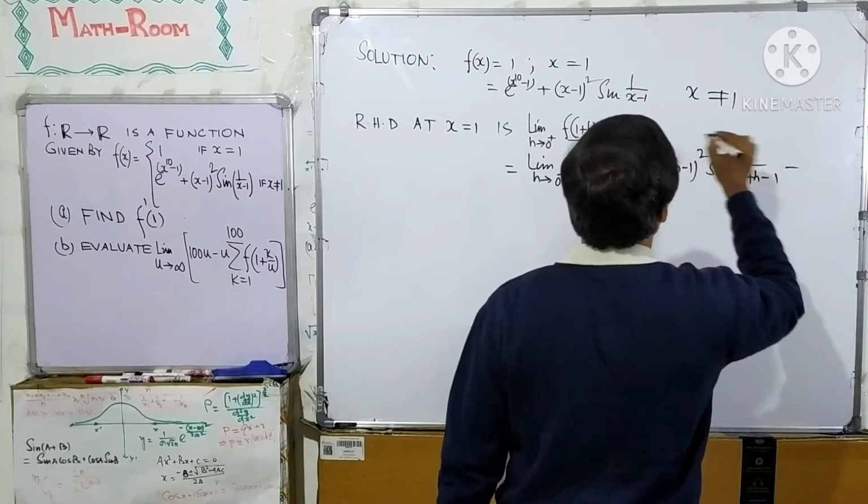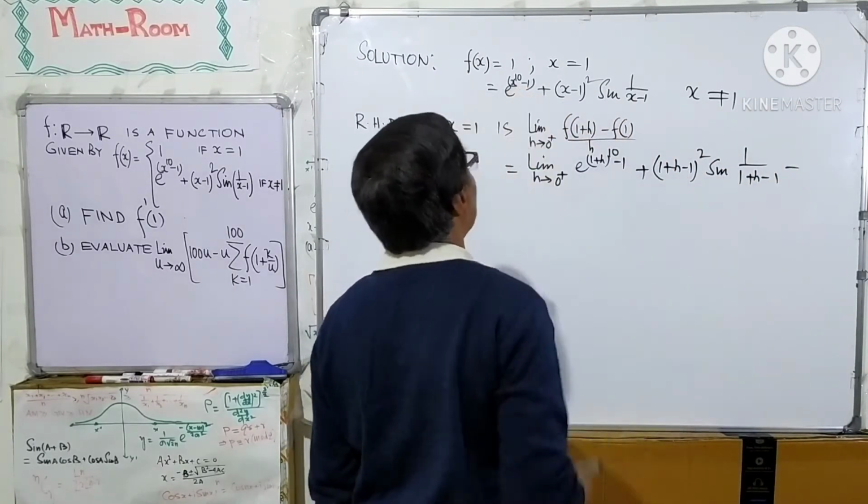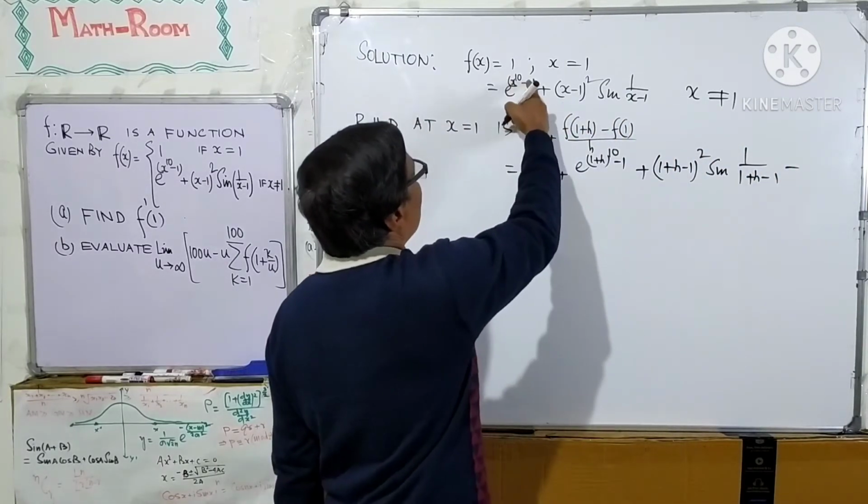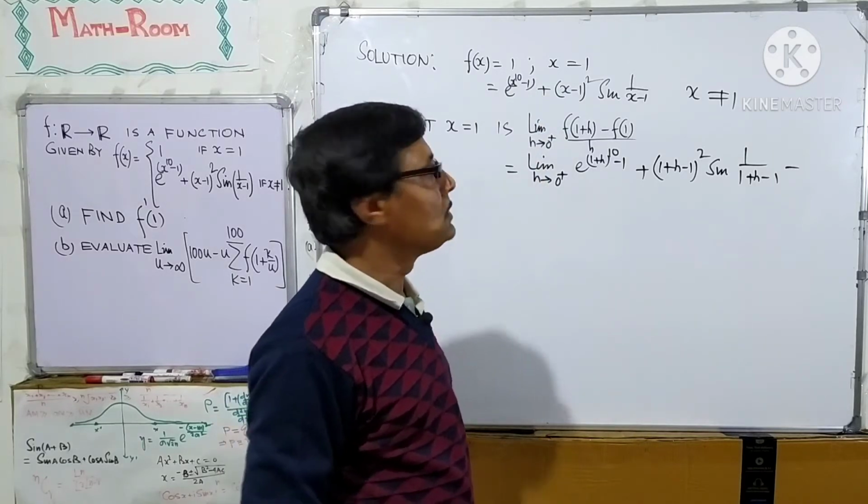Also f(1) = e^(1 - 1) = e^0, which is 1.